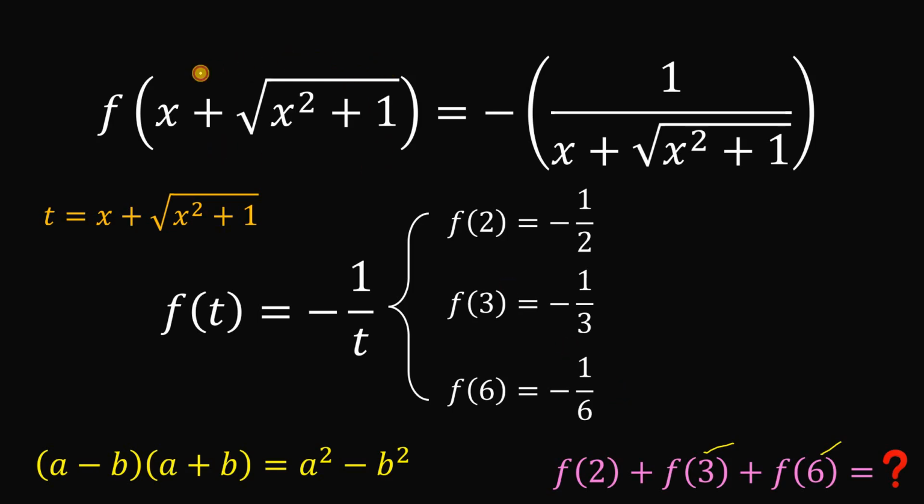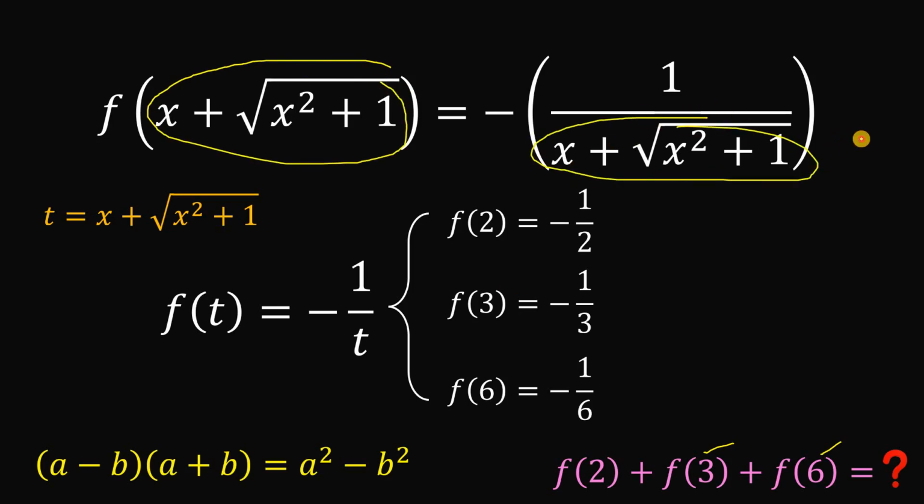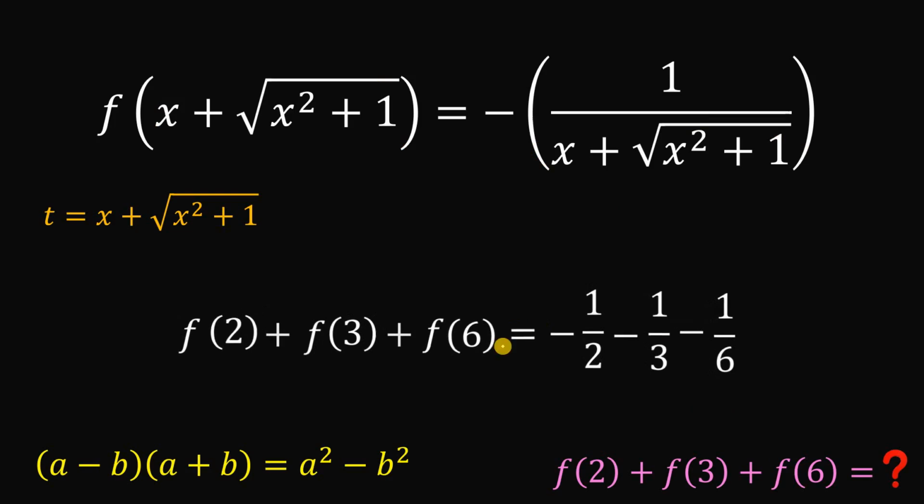Or simply, we are letting the whole expression be equal to 2, to 3, and to 6. So this will result in −1/2, −1/3, and −1/6. Now, don't forget our goal. Our goal is to add f(2) + f(3) + f(6).